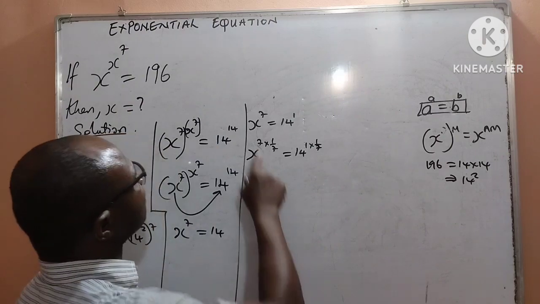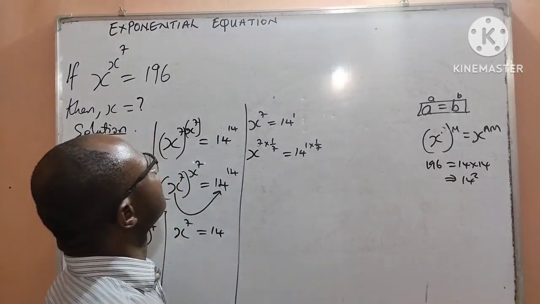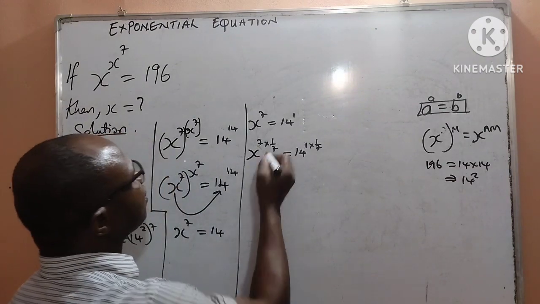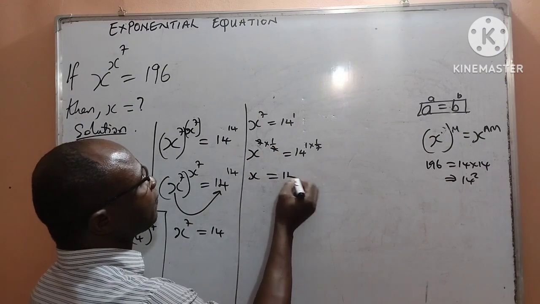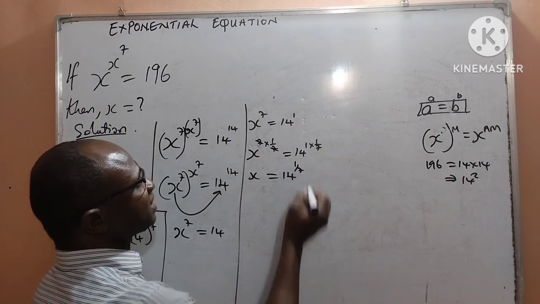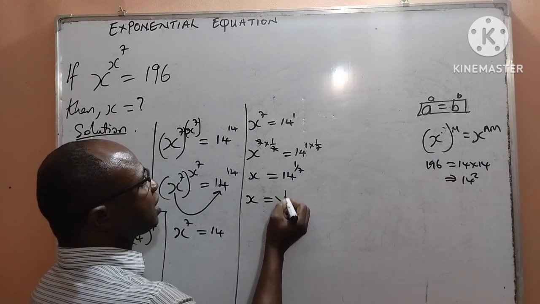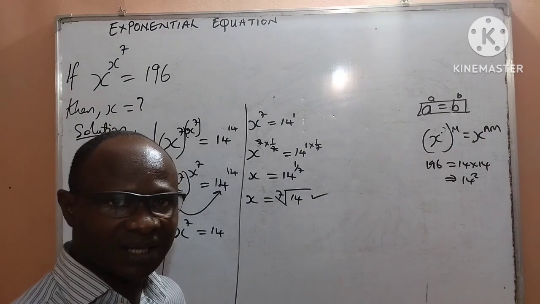The essence of this is for me to eliminate the power 7, the exponent of x. Therefore, this will cancel this, leaving me with x equal to 14 raised to the power 1 over 7. And this can also be written as x equal to the 7th root of 14 as the final answer.